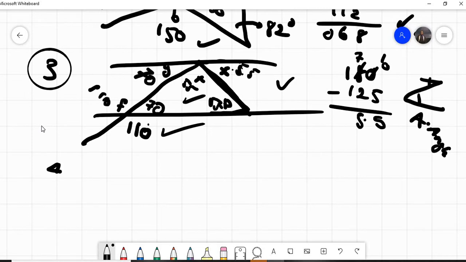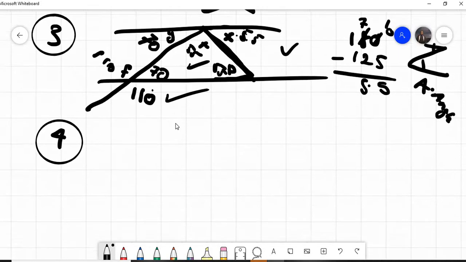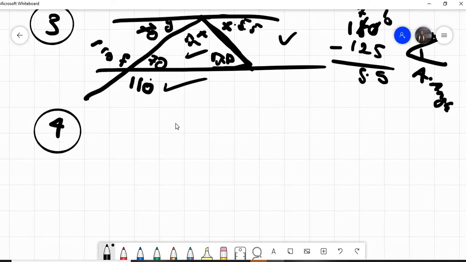We give an example 4. Example 4. They give us isosceles triangle. So two sides are equal. They give us two sides equal. Yeah, two sides are equal. That's what they said.